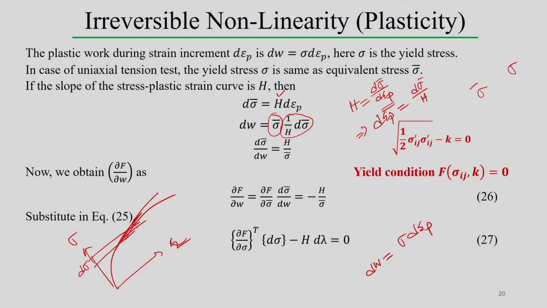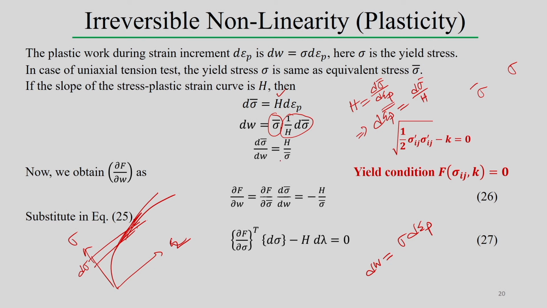We replace d epsilon p in the form of the plastic stress strain curve, because we assume that H is a known quantity, the most well defined quantity. That is why we can replace d epsilon p in the form of H.